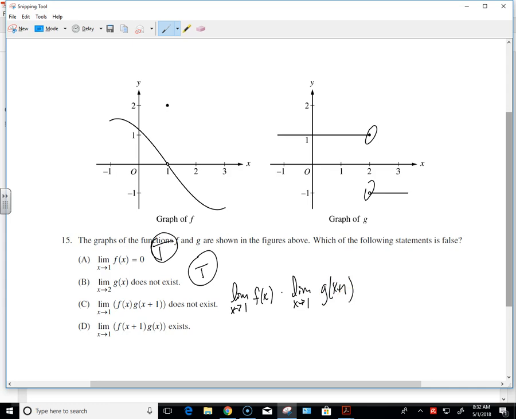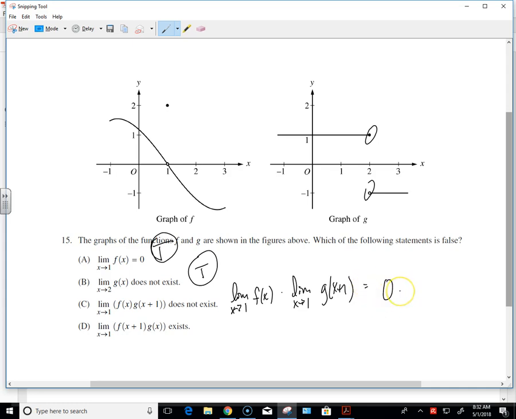The limit as x approaches 1 of f. Am I going to choose 2 or am I going to choose 0? 0. It's a limit. I know we plug in, but what are we doing? A limit. So we're not going to plug in f of 1. We're going to say, no, we're getting closer and closer and closer. We're going to plug in 0.